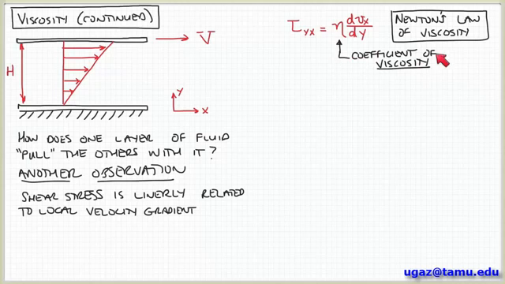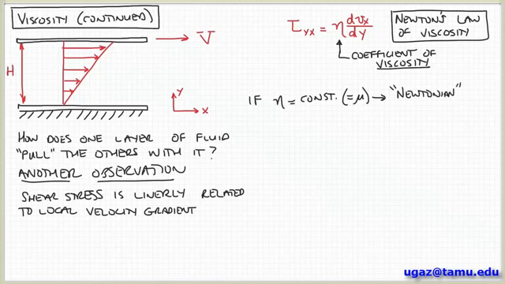So we thought already about viscosity qualitatively as resistance to flow, but this is a more precise definition that we can use in thinking about what's going on in the flow and how the fluid responds to deformations. Because remember, in the first video, we said that one of the main characteristics of fluids is that they deform in response to forces or stresses, and so this equation, Newton's law of viscosity, expresses exactly that.